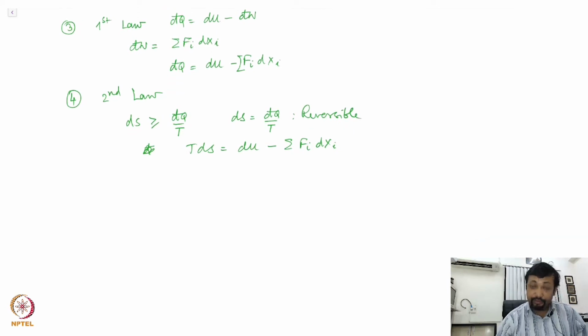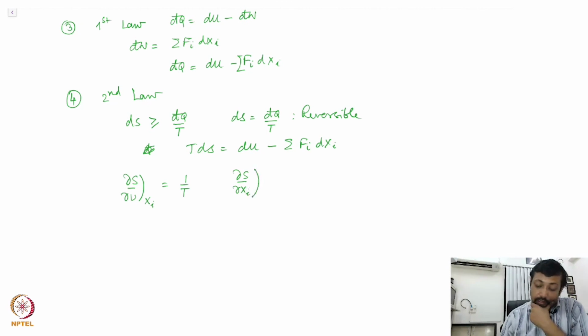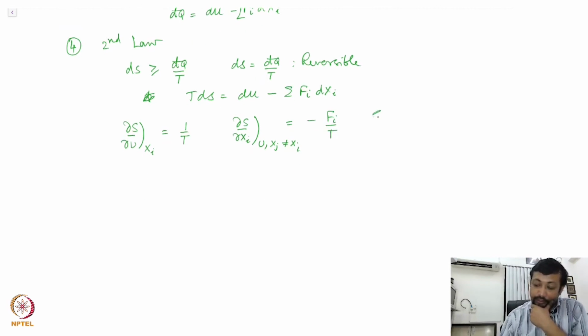Once you have written down this differential form of the first law, you immediately say that del S del U, all the coordinates xi held constant, must be equal to 1 by T, and del S del xi, with U and xj not equal to xi held constant, would be minus Fi over T, right? And these are your equations of state.